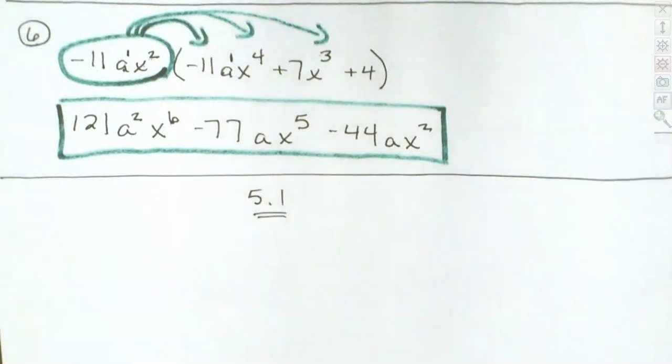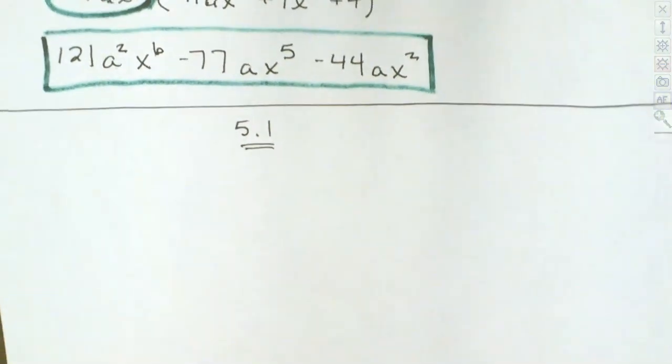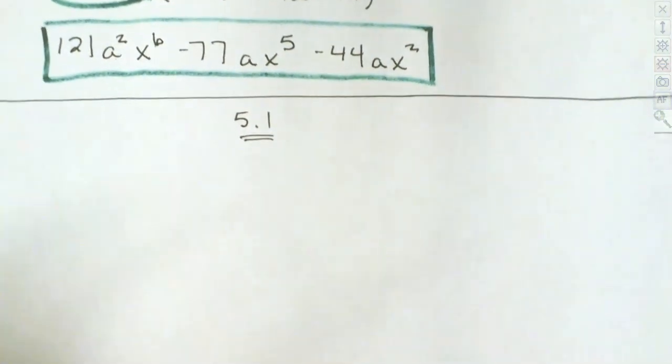And Chapter 5, I think, is one of the most important chapters. We're going to spend the rest of our time working in Chapter 5. We should be able to finish it, I'm hopeful, because these do take a lot of time to go through, but it's very important that we are really good at factoring.